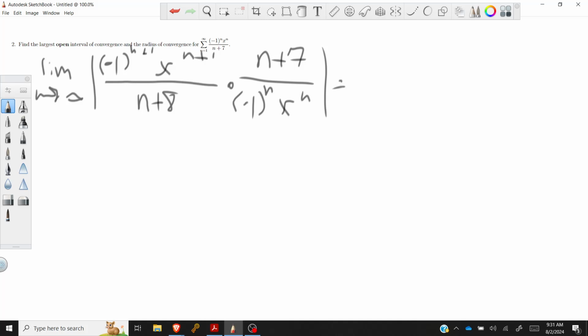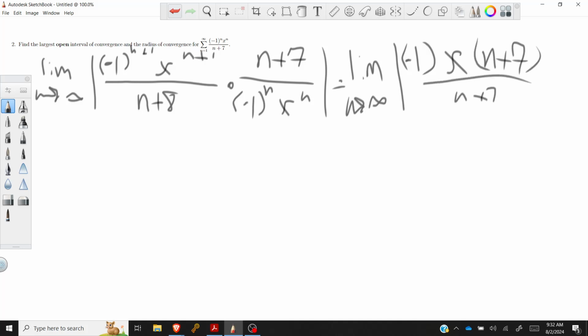So simplifying this gives us a -1 on top. It's in an absolute value, so it's just going to be 1 by the end of it. So that's not really important. This is just x to the 1. Then we have n plus 7 over n plus 8.